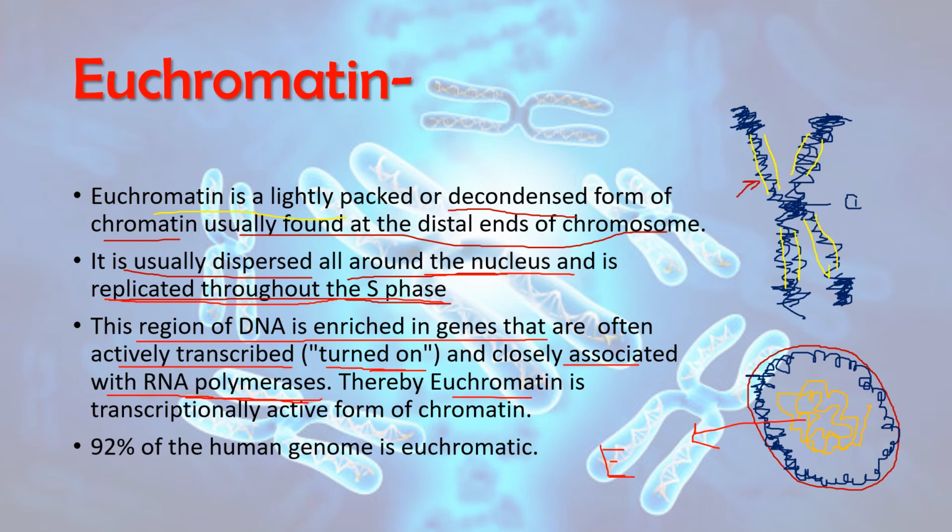Thereby euchromatin is the transcriptionally active form of chromatin. So 92% of the human genome is euchromatic. That means 92% of the human genome is actively transcribed. Okay. Next.